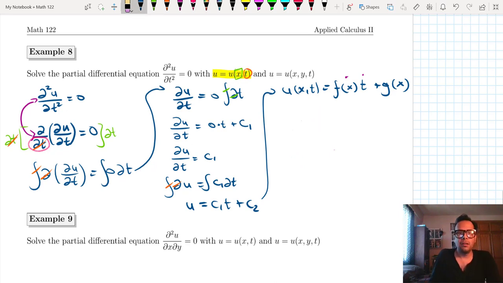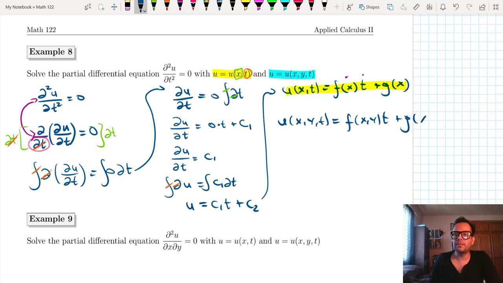Now, the other case: what about when our function u depends on x, y, and t? Then u of x, y, t will instead be f of x, y times t plus g of x, y.